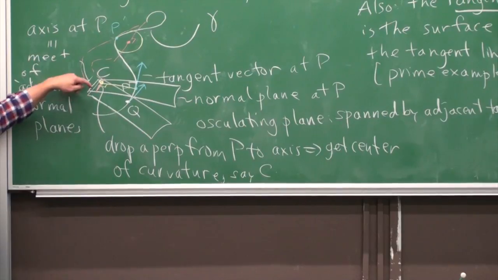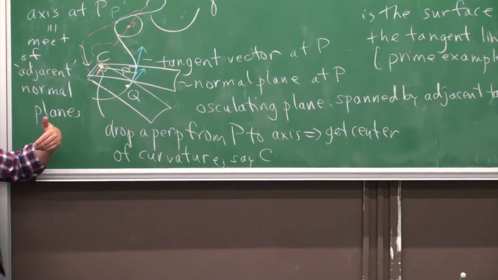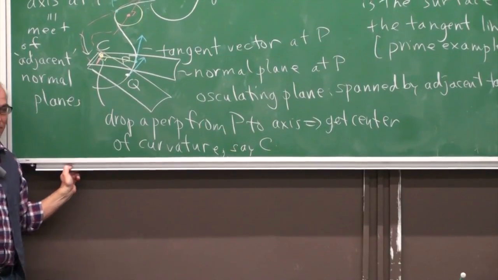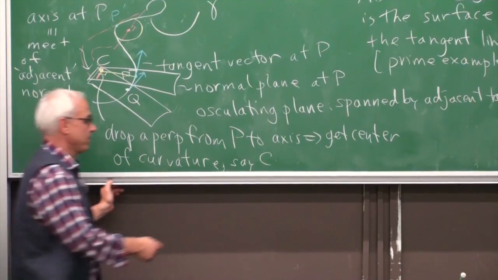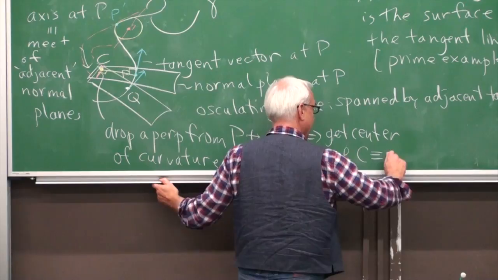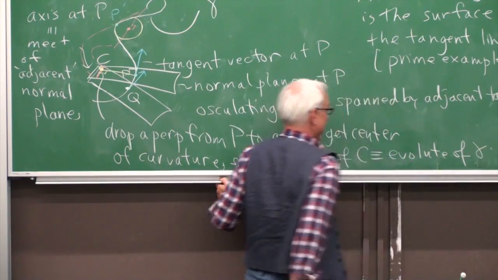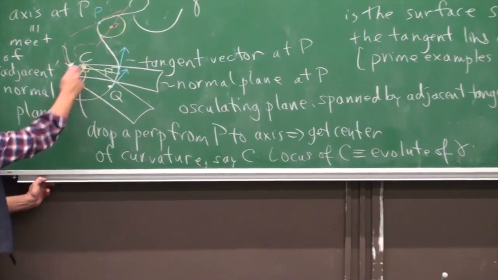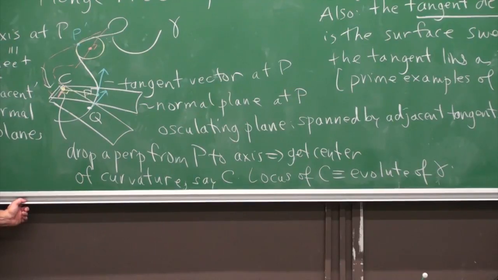And then the locus of C as P moves gives us another curve, and that's naturally the evolute. We could call that the three-dimensional evolute of the space curve gamma. The locus of C is the evolute of gamma, and in fact it is actually the center of the circle which best approximates the curve around P. Maybe I'll draw it here.